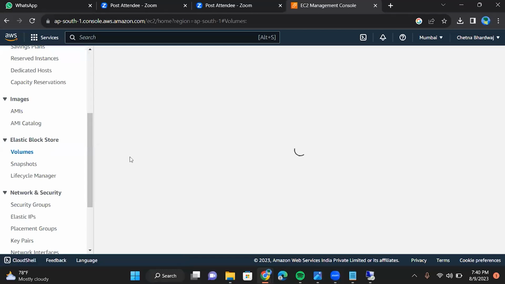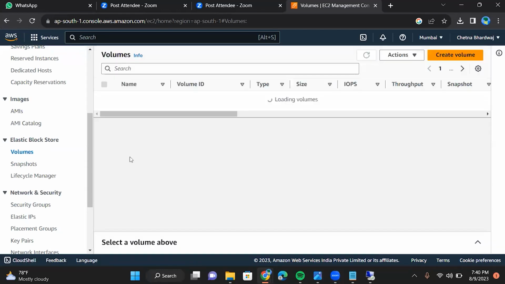Whenever we have huge chunks of data we want to store, depending on the size of the data, we can select the volume size. It is similar to a disk. We have drive E and drive C in our computer. Similarly, there are elastic block volumes we can create for our virtual instance.